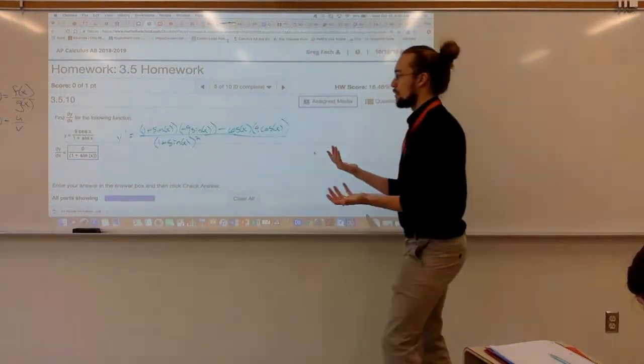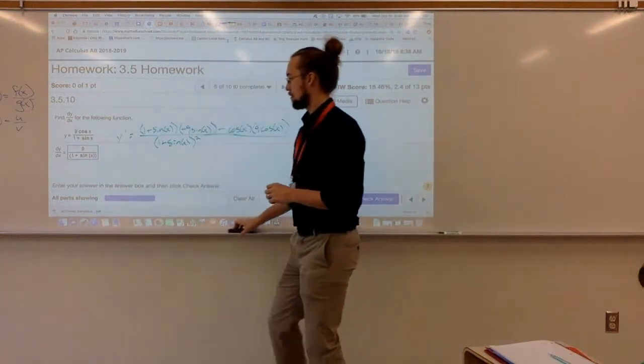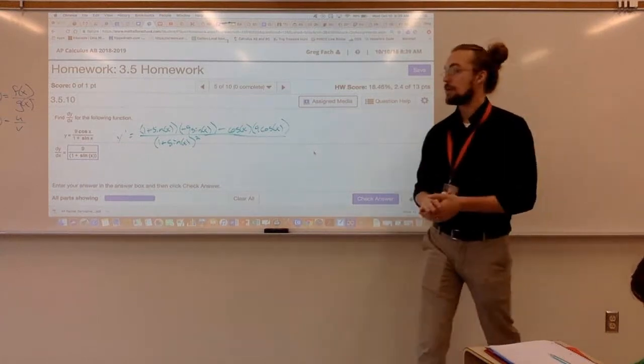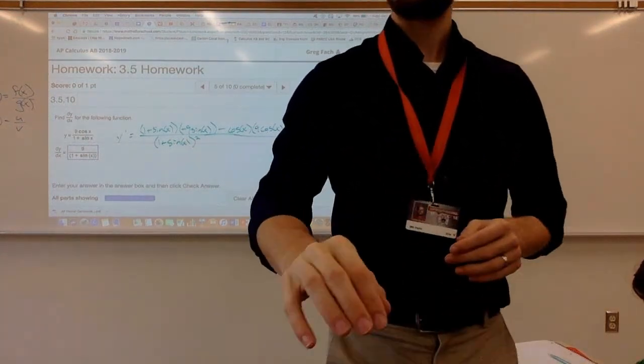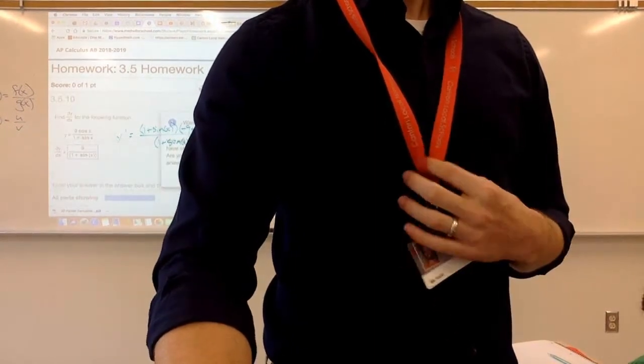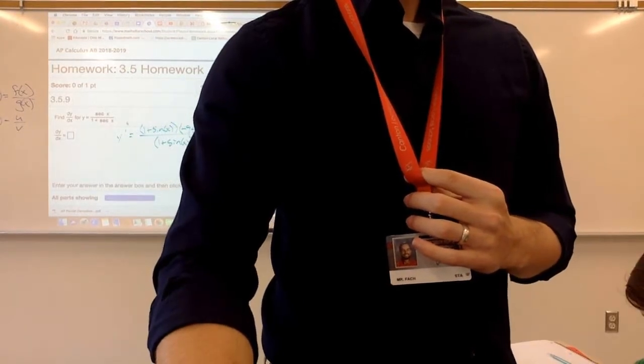On this one, you would have to use quotient rule. Are you okay with that one? Cosecant over 1 plus cosecant. Like this one? Yeah. Okay.